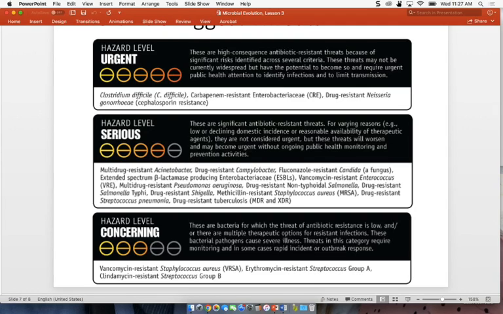Extended spectrum beta-lactamase producing Enterobacteriaceae, E. coli, Salmonella, Klebsiella, that all produce beta-lactamases that can inactivate beta-lactam antibiotics. These have all arisen from events that we've talked about. Some are these, and it's kind of a case of bad luck.